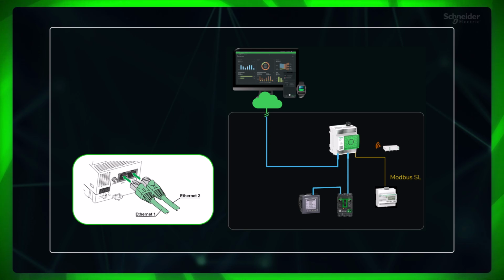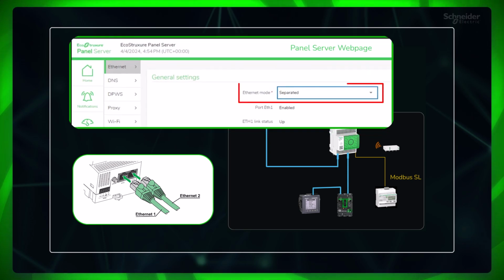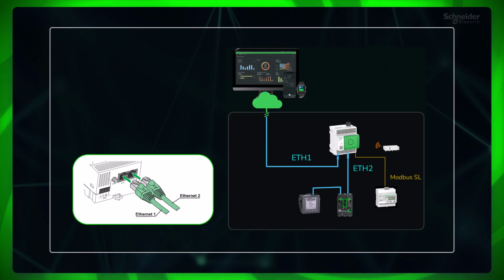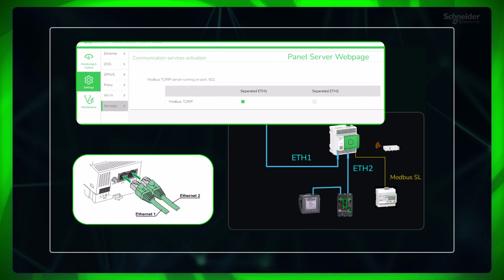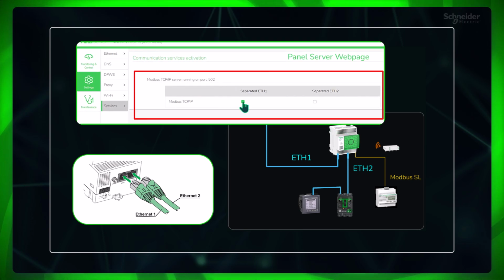But when in separate Ethernet mode, you need to use only the ETH1 port for data publishing to the cloud application. This architecture allows you to avoid malicious access to the downstream devices by disabling the Modbus TCP/IP server on port ETH1.